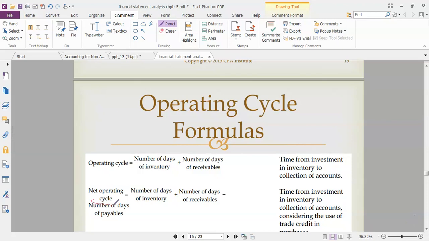So the formula here: net operating cycle is equal to number of days of inventory plus number of days of receivable minus number of days of payable.